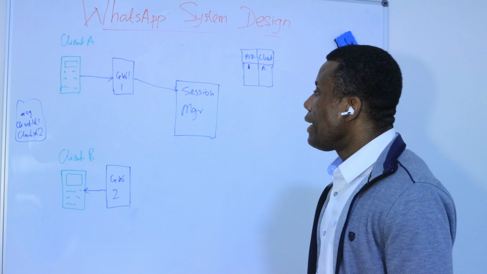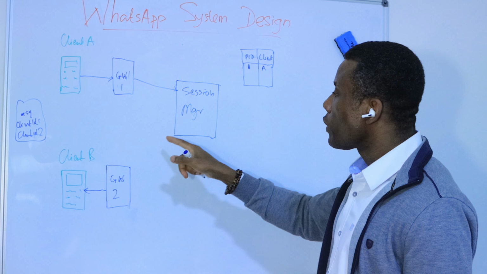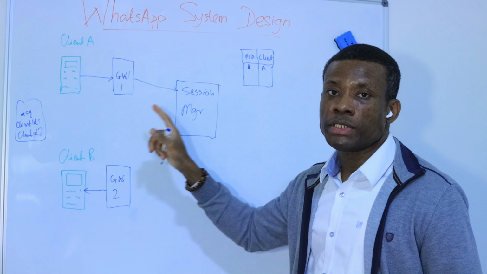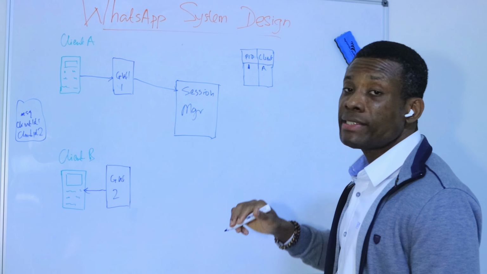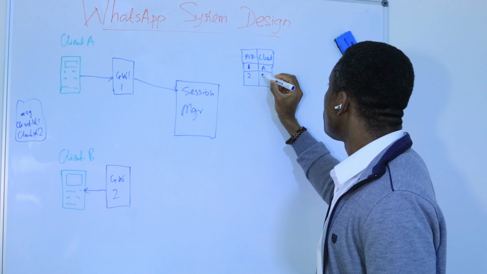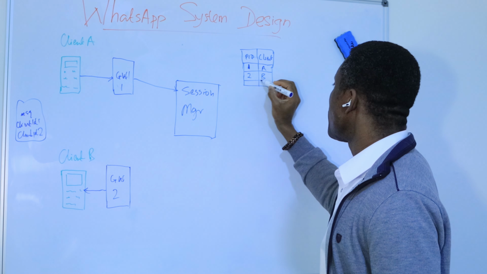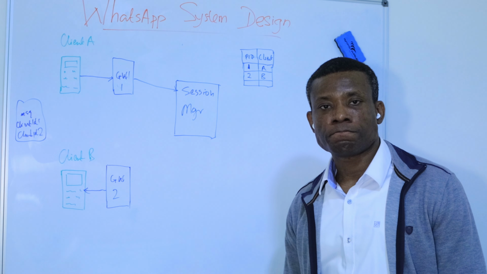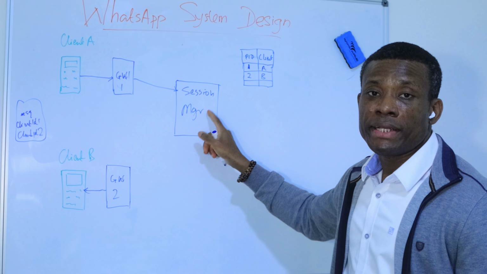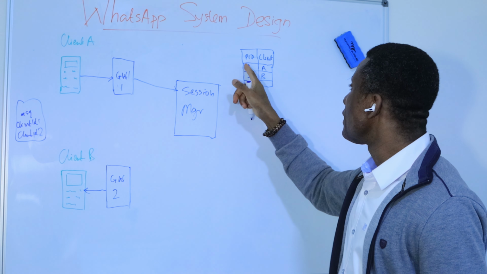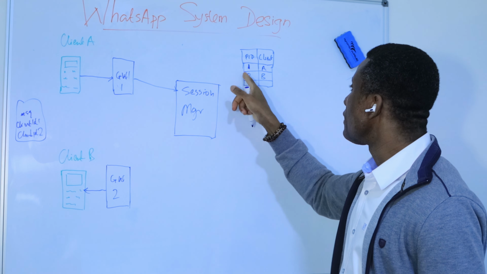And it's going to check, okay, receiver is client 2. Let's assume that this client B is connected to this server, which means there should be a process for it right here. So the session manager is going to look up the process table, which is a connections cache.